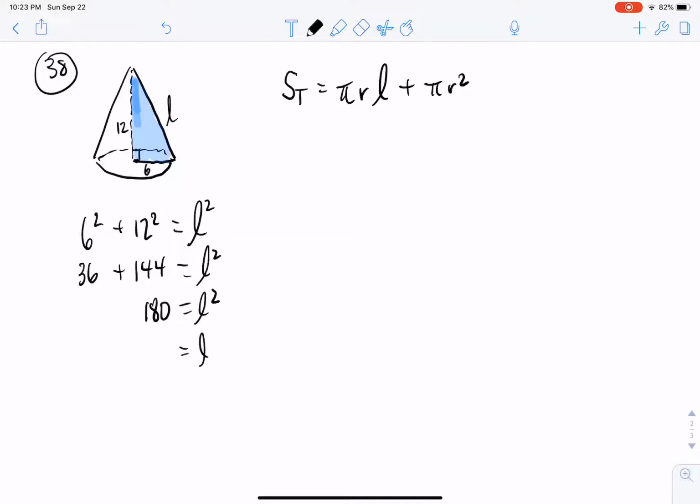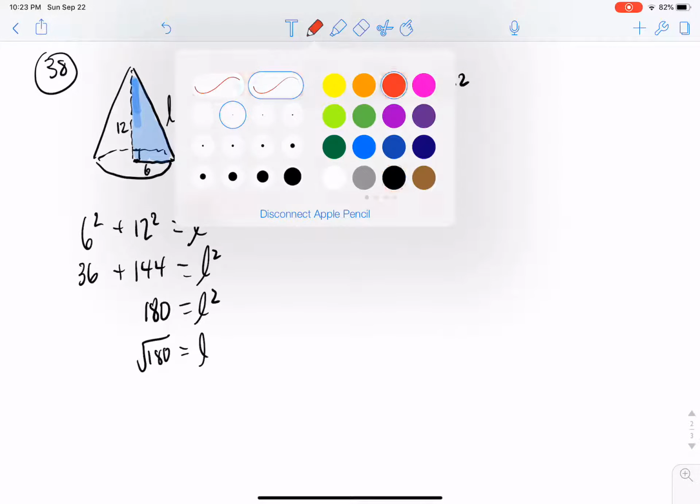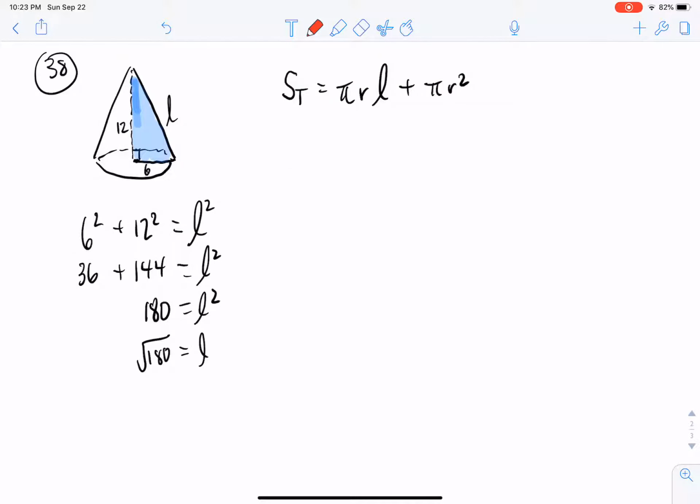So my slant height is the square root of 180, which we could leave like that, but why bother? Let's make a factor tree and put this in simplest form. We got 18 and 10. 18 is a 2 and a 9, and then 9 is a 3 and a 3. The 10 could be a 2 and a 5.